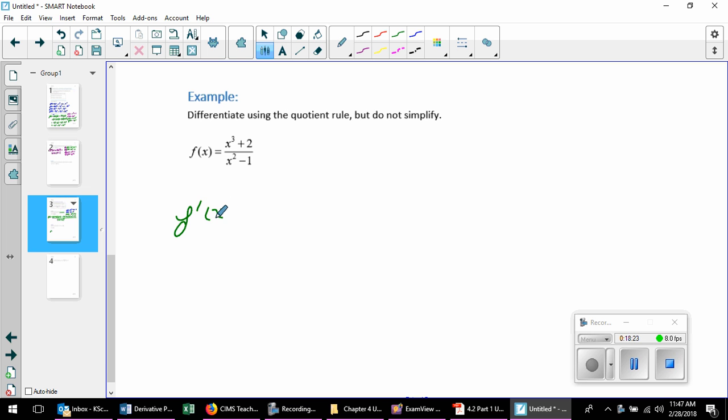So the derivative of f of x is the top. The top, I always start with the bottom. So it's going to be the original denominator times the derivative of the numerator. So that's going to be 3x squared. Subtract.